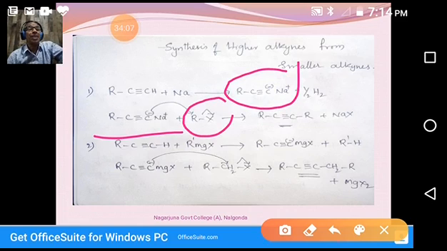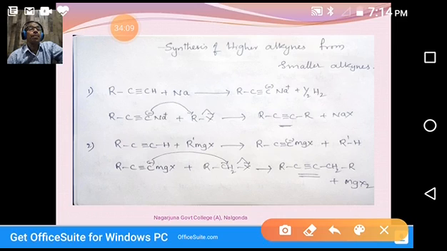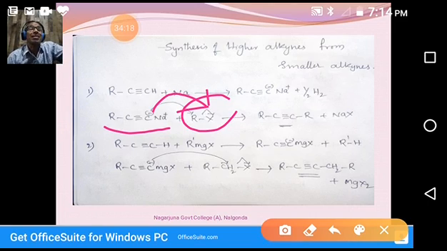Look carefully, this is a carbanion. It reacts with the alkyl halide by nucleophilic substitution, because X is going as X minus and this carbanion replaces the X in the alkyl halide. We are getting this alkyl substituted alkyne.